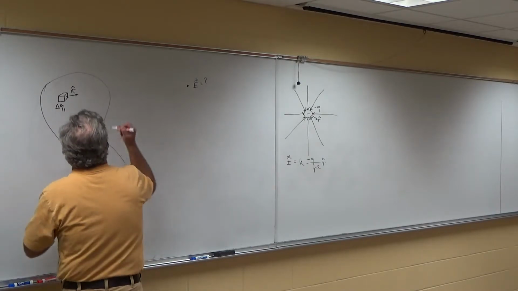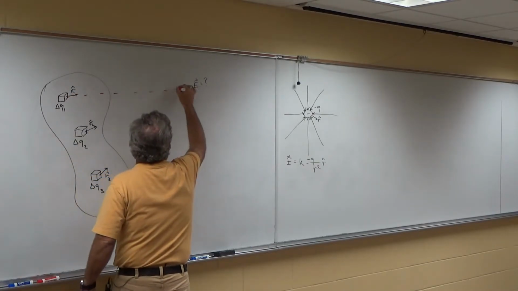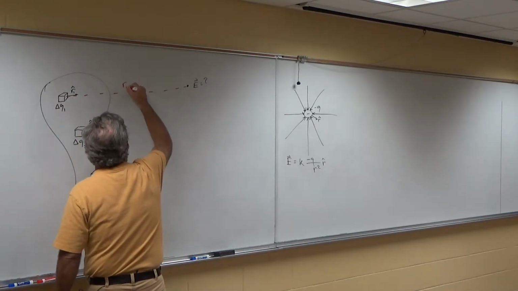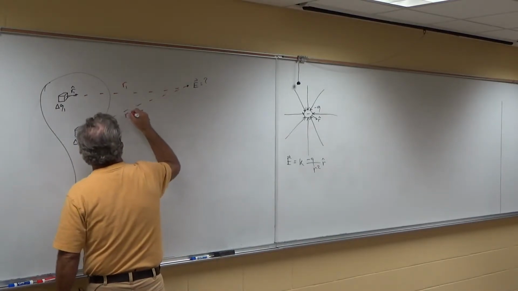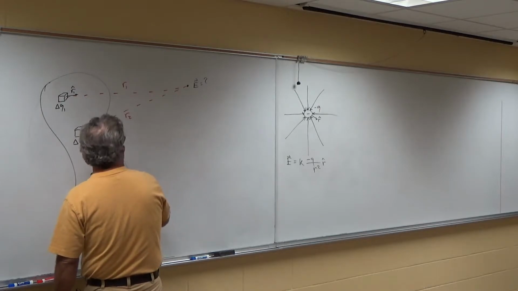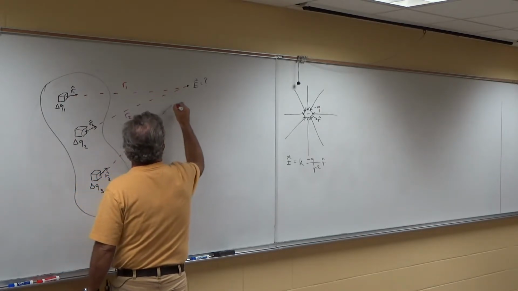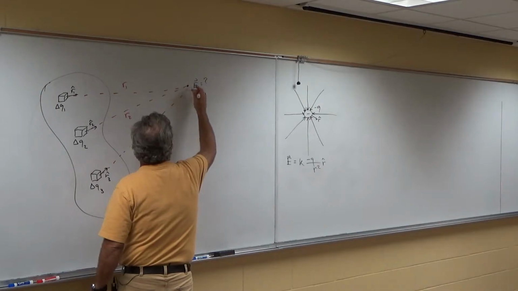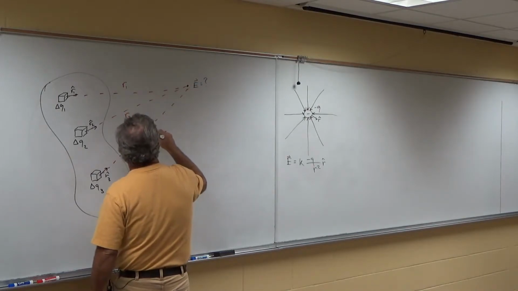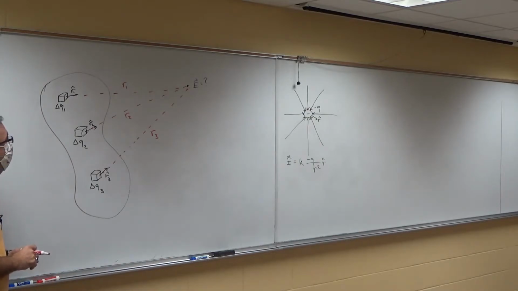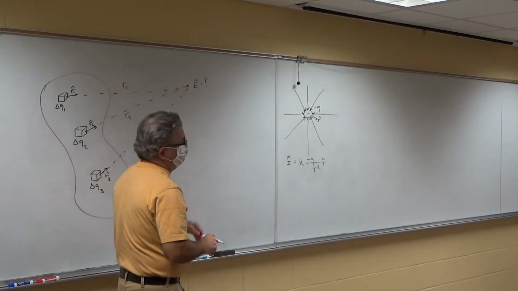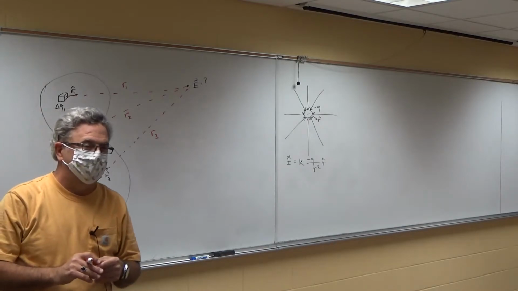This distance is R1. This distance is R2. Maybe I can get this straight. It's pretty close. That's R3. Okay, that one kind of took a dip, but it's supposed to be a straight line.